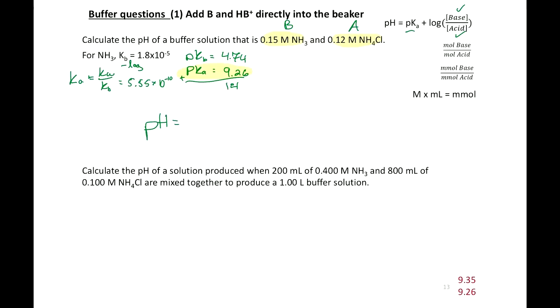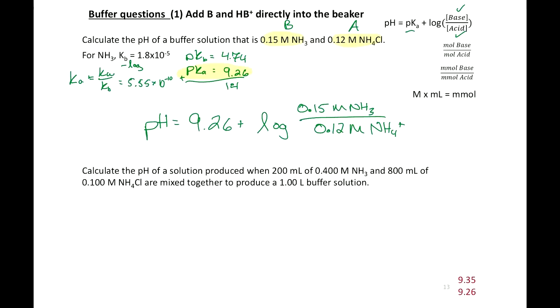So pH equals 9.26 plus log base, which we identified as ammonia, so 0.15 molarity ammonia, that is the base, over 0.12 molarity ammonium, which is the acid. Of course, this is in the form of ammonium chloride, but chloride is a pH neutral salt, so we can essentially just ignore it.